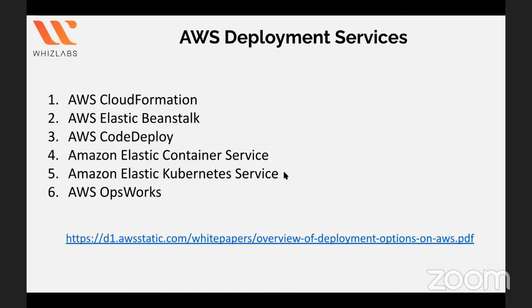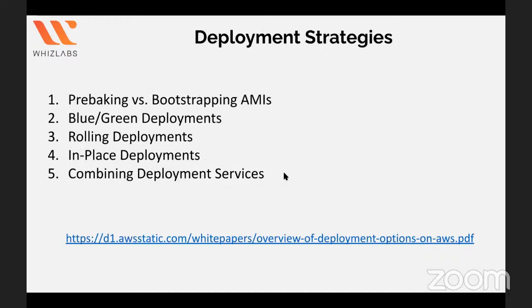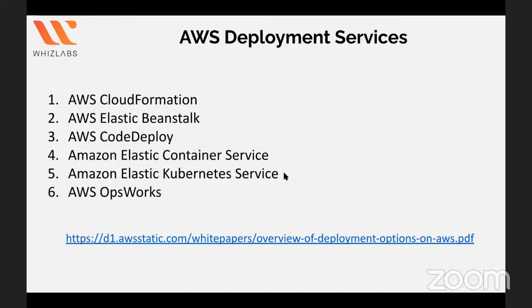And then comes the managed Kubernetes service, EKS. This is a newer service by AWS. There is one more for containers, which is a serverless container management tool called Fargate. And then OpsWorks comes, where you can have your managed Chef and Puppet clients.